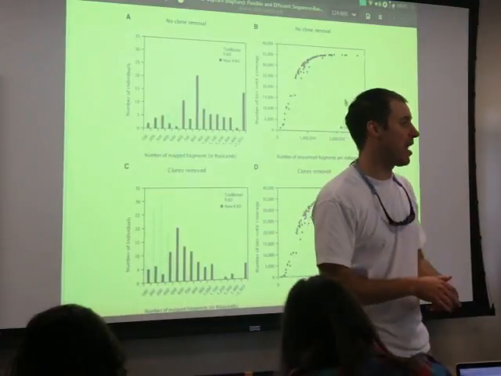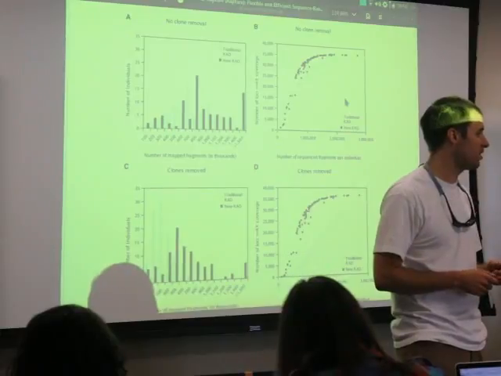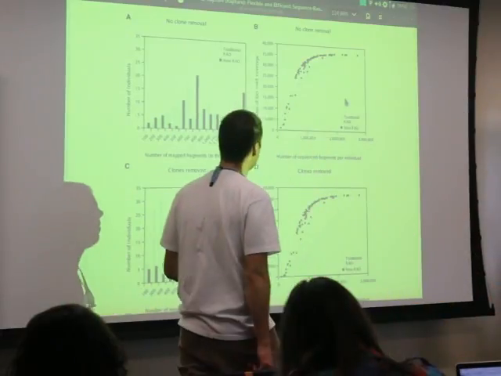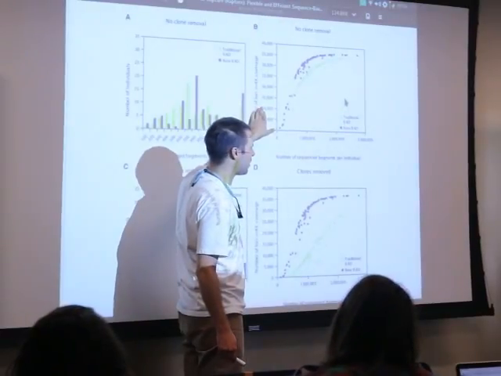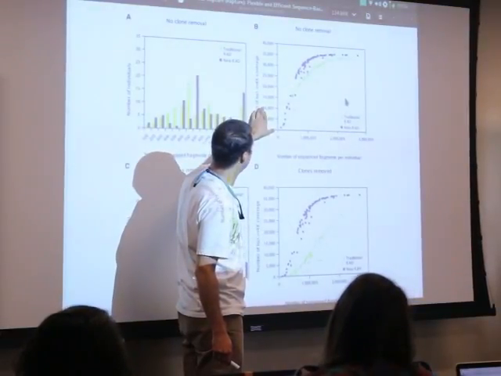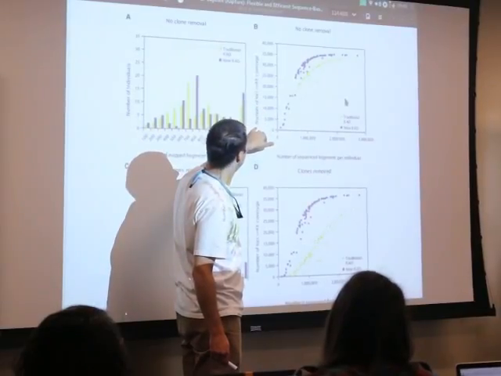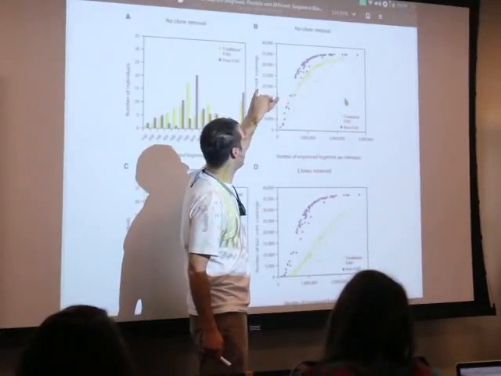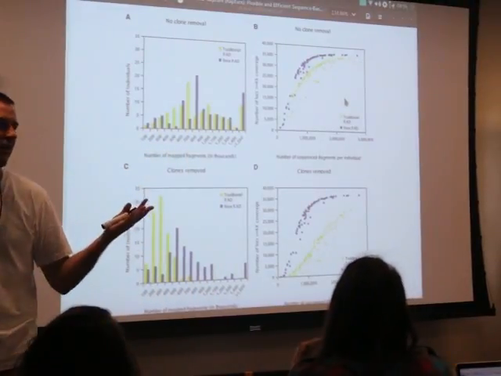So one individual might have 2 million fragments sequenced, another individual might have 1 million fragments sequenced. And we can quantify the number of loci that are covered greater than or equal to 4x, okay?